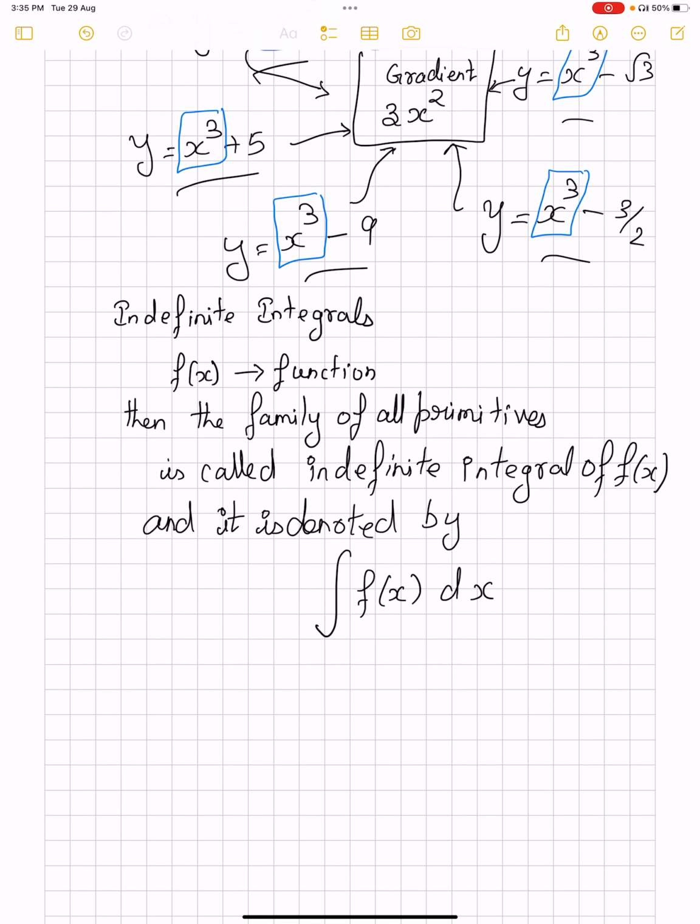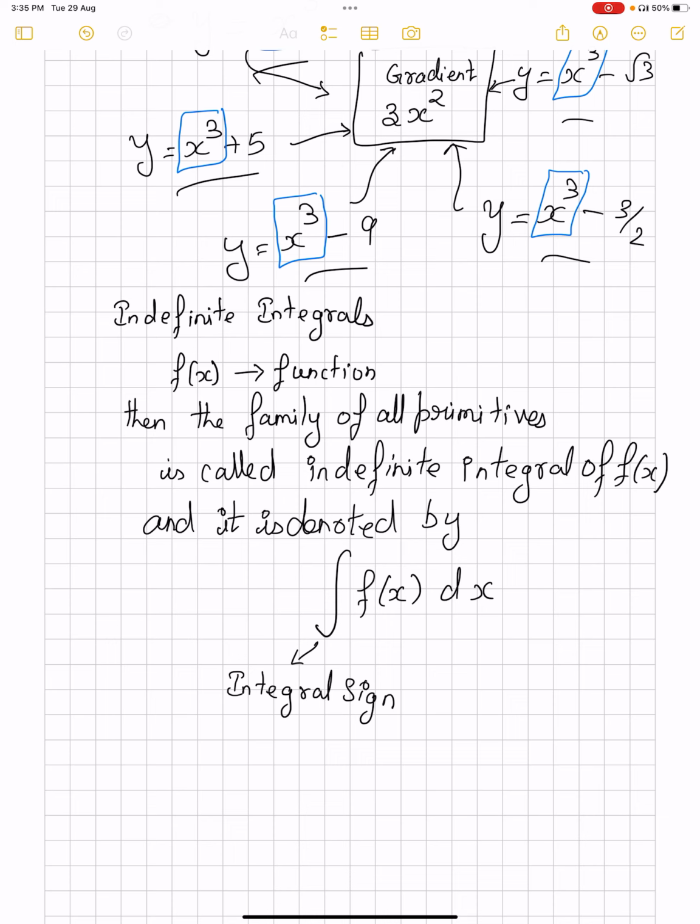Now, this is a symbol which has been used. This symbol is read as indefinite integral, and this is the integral sign. The German mathematician Leibniz introduced this symbol.